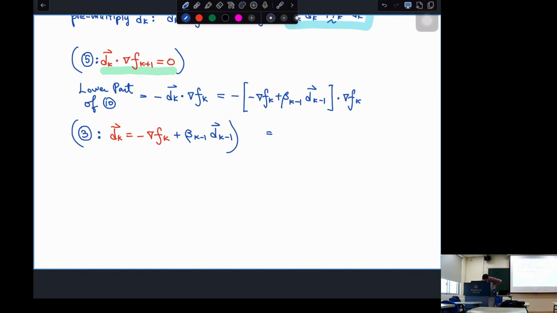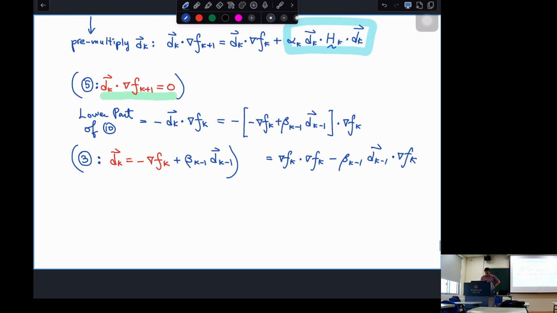We will have gradient fk dot gradient fk minus beta k minus 1 dk minus 1 dot gradient fk. Okay, equation 5 comes into play again.